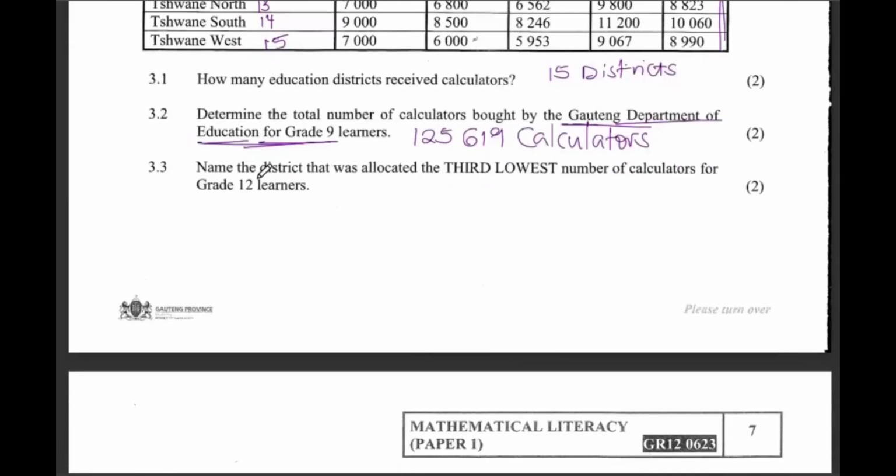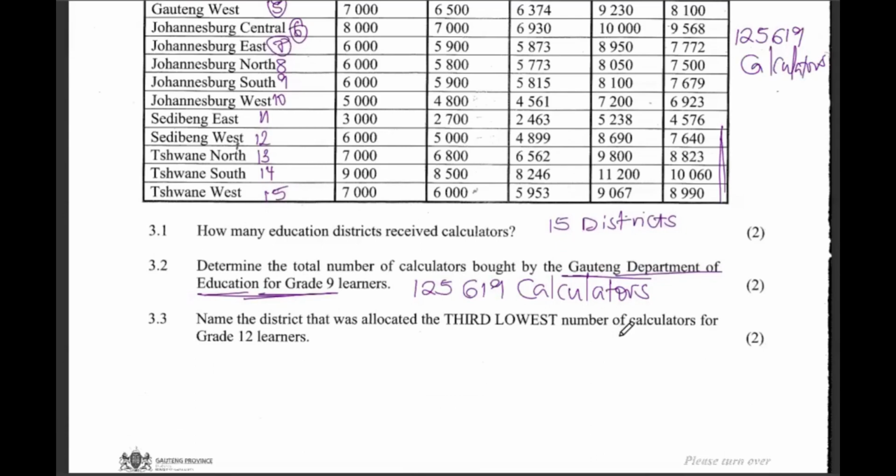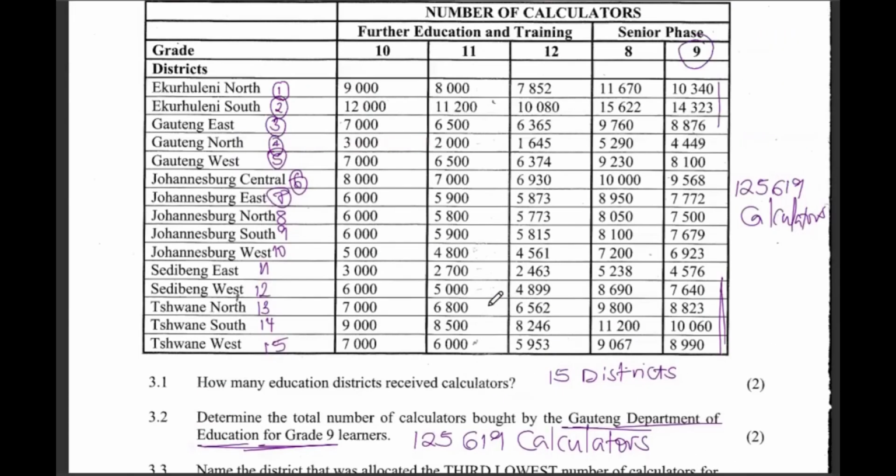Name the district that was allocated the third lowest number of calculators for grade 12 learners. Third lowest. So simply meaning we need to look for the lowest, then second lowest, and the third lowest. So we come to Gauteng, grade 12. Here we are. What's the lowest value here?